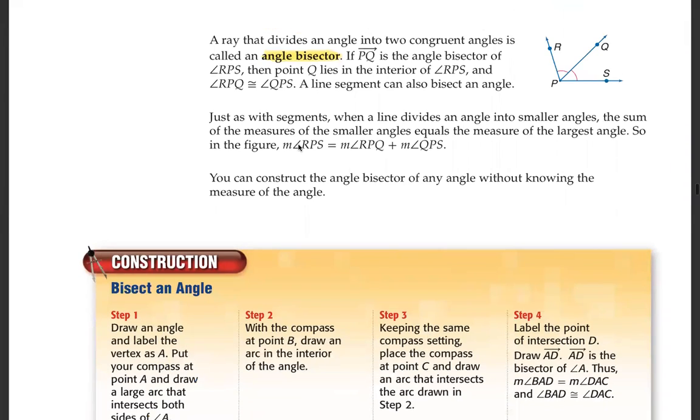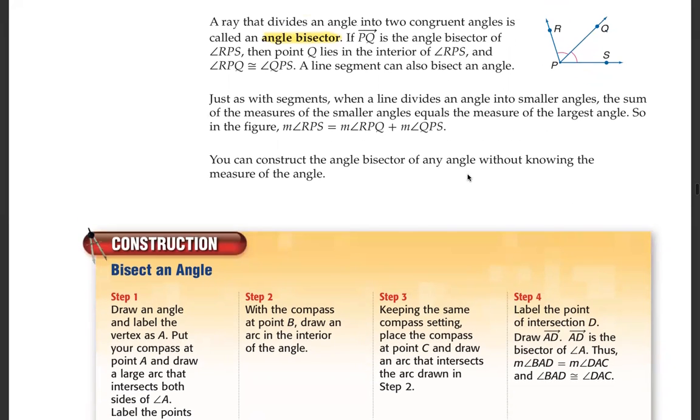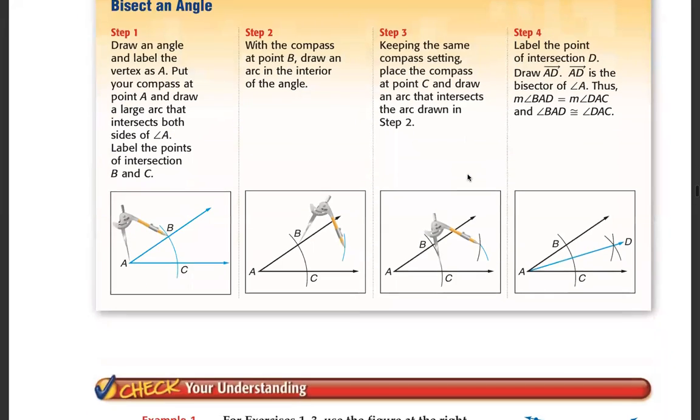So the measurement of angle RPS, the biggest angle from R to P to S, is equal to the combination of RPQ and QPS. Okay, so that's how we solve angle problems.